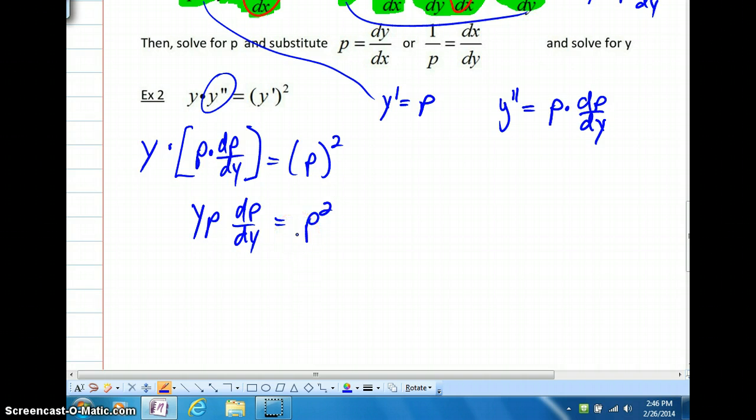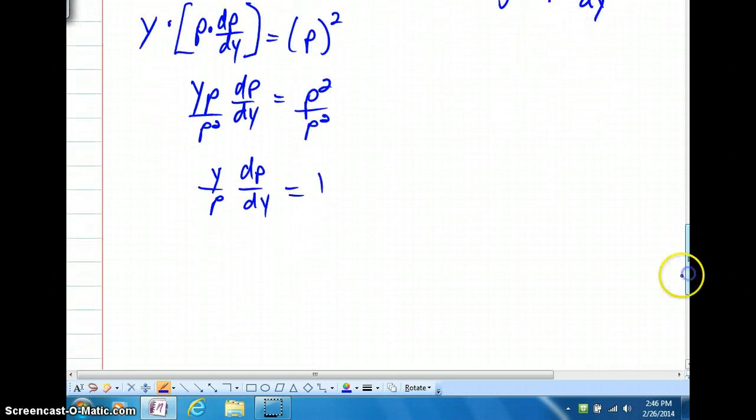Divide both sides by p squared, and I'm also going to multiply both sides by dy in just a minute. This is completely separable. You've got 1 over p dp equals 1 over y dy. Wow, look at that.